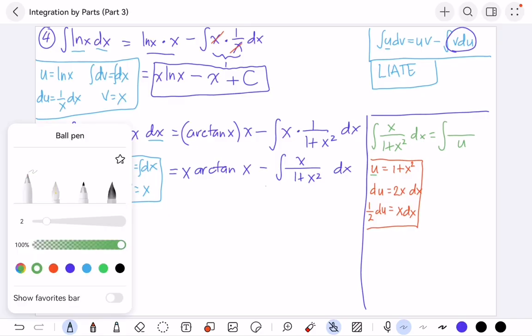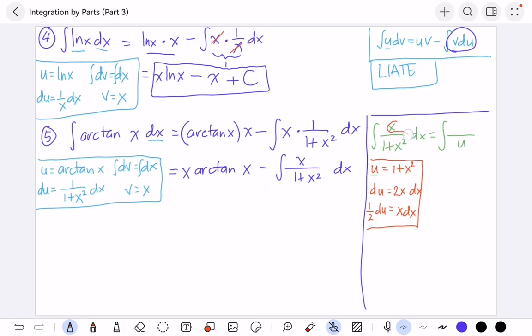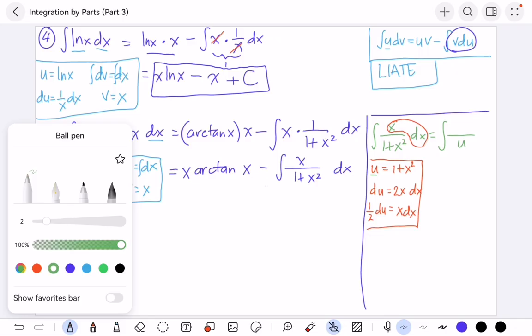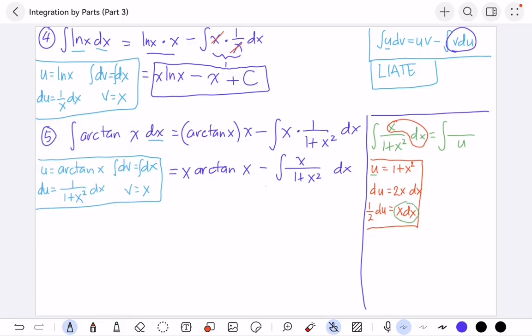Then the remaining expression, which is x dx, this part here is just 1/2 du. So, factoring out 1/2, integral of 1 over u du. Thus, the antiderivative of 1 over u is ln of the absolute value of u plus c.